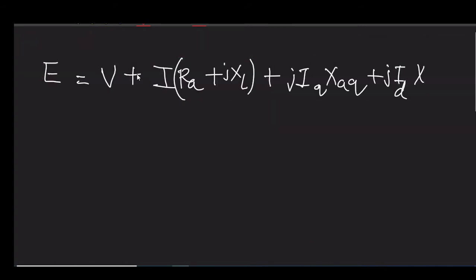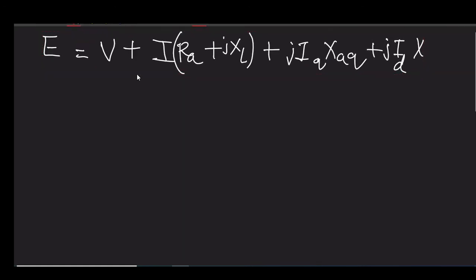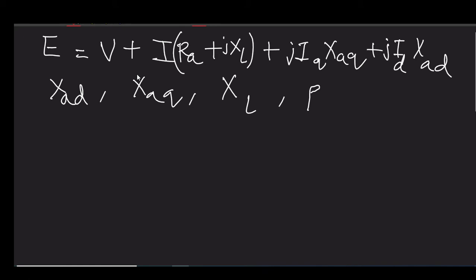In the beginning, I am assuming that we know what knowledge we are having here. That is knowledge of XAD, knowledge of XAQ, and also knowledge about XL, and also obviously we know beta.